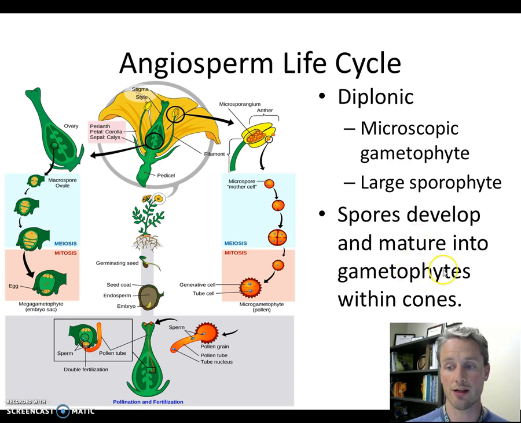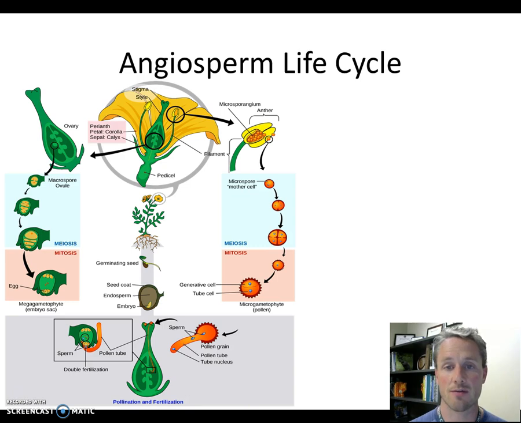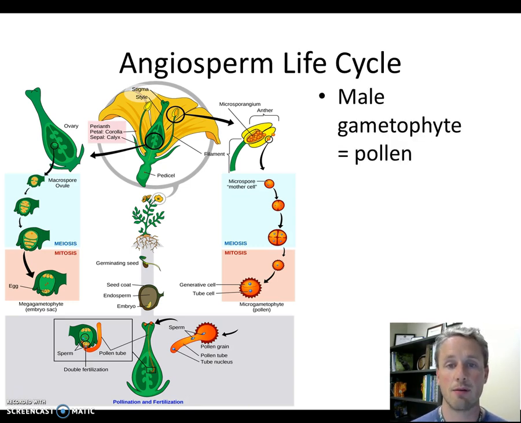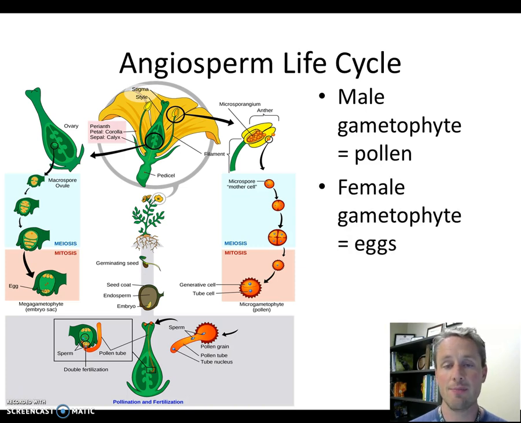They develop and mature into gametophytes within, this should have said, flowers. So in the angiosperms, the gametophytes develop in flowers. Same idea here. The male gametophyte is the pollen. The female gametophyte is the egg. And those structures are found within the flower.